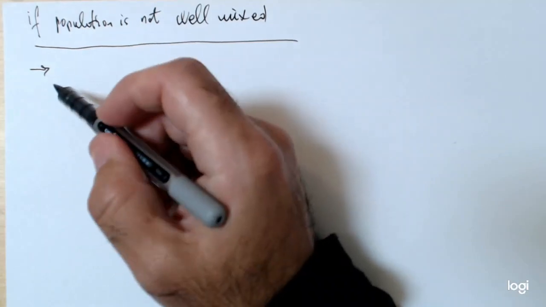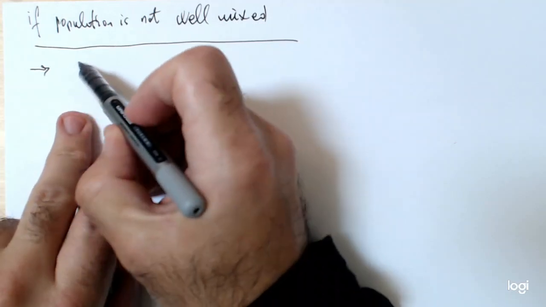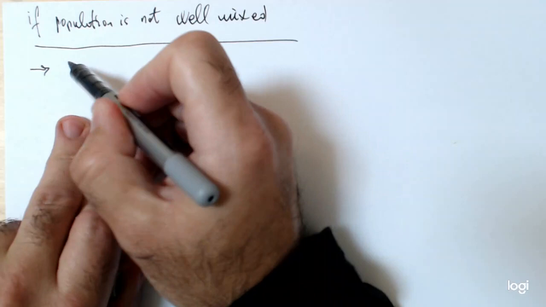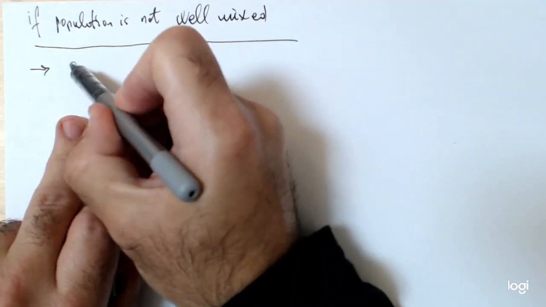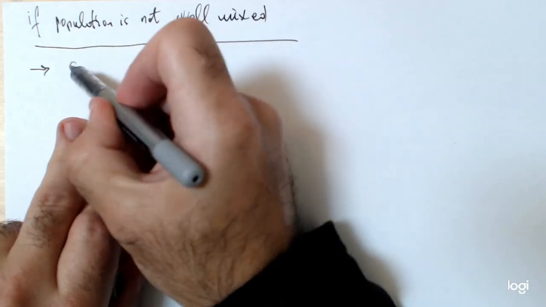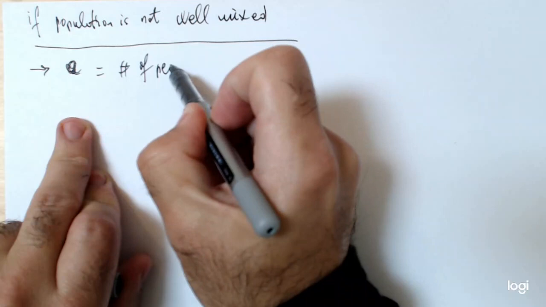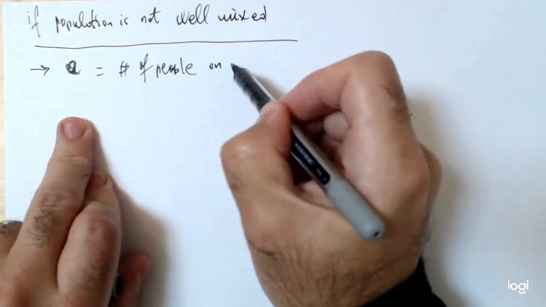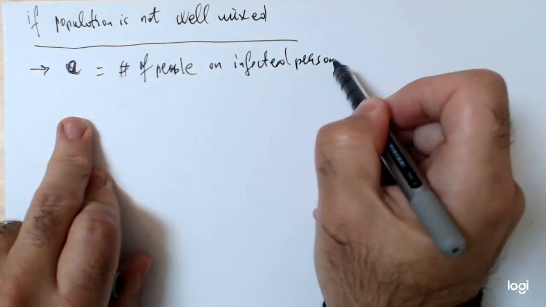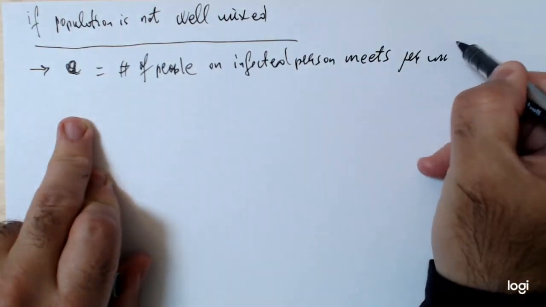So in that case, you can make a modification. Let's not call it f for fraction. Let's say little s, no, not s, because that's susceptible. So let's call it little a, the number of people an infectious or infected person meets per unit of time.